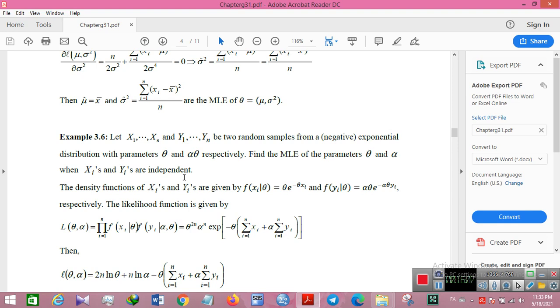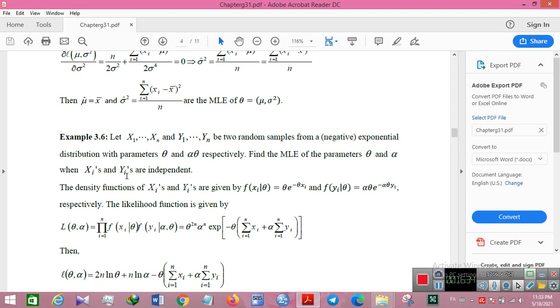For example, a factory has two product lines, and x1 to xn is the product of n days of the first line, and y1 to yn is the product of n days of the second line.